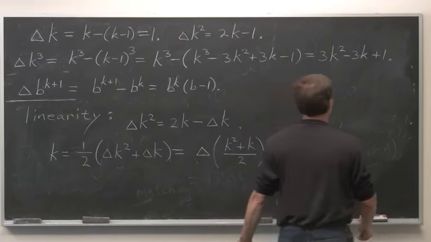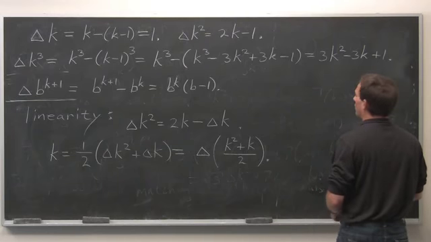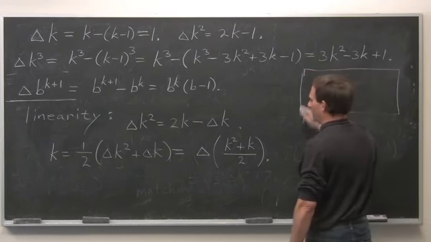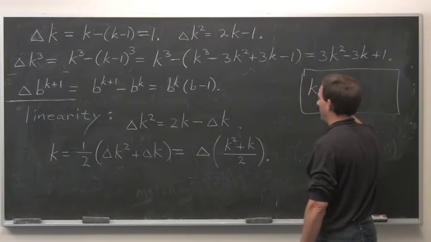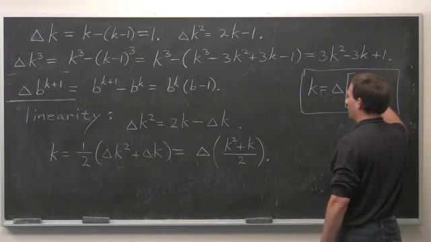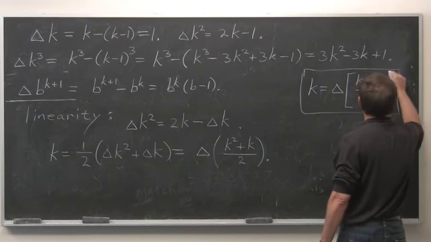So this is a formula that, again, is not really worth memorizing, but it's easy to derive. What we just found, and you can factor that numerator if you want, is that k equals delta of what? k times k plus 1 over 2.